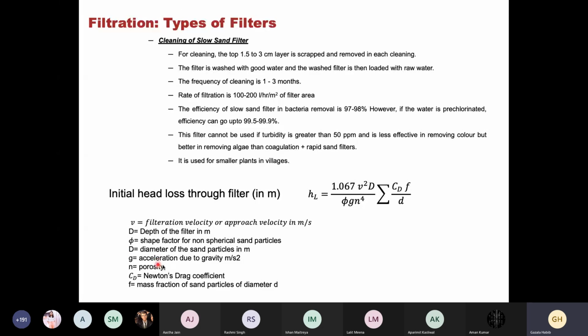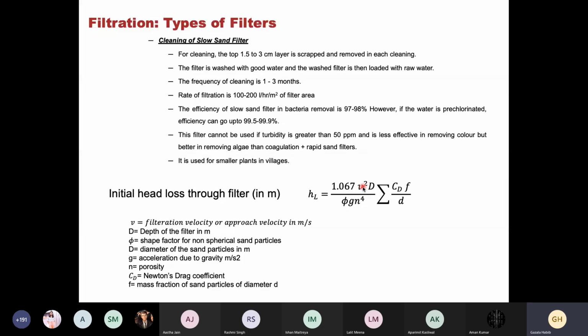CD is Newton's drag coefficient, and f is the mass fraction of the sand particles of diameter d. This formula can be used to determine the initial head loss, which should not be more than 0.6 meter. So the head loss should be as minimum as 0.6 meter.